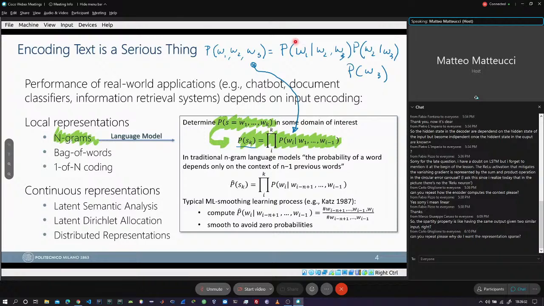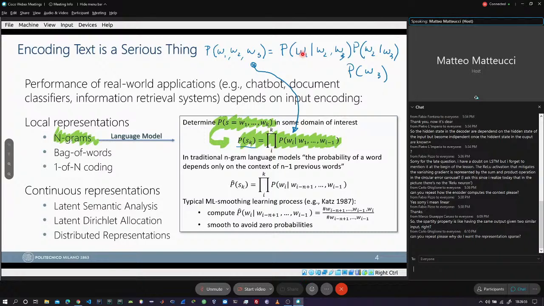How complex is it to compute the probability of a word given all the others? This is very, very complex because we need to compute the probability of one word happening for any other combination of all the other variables.